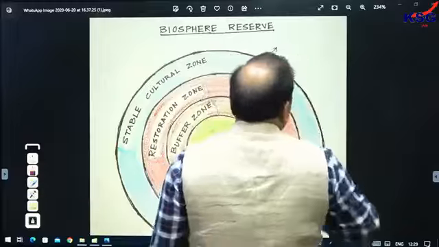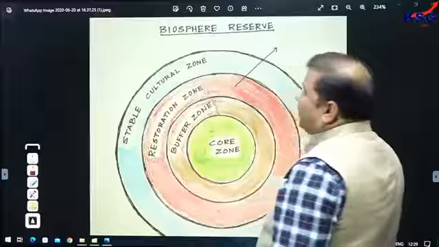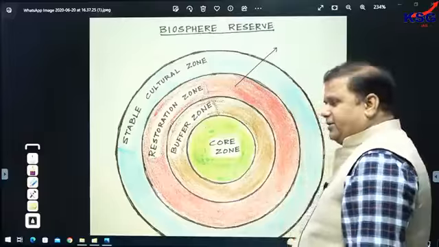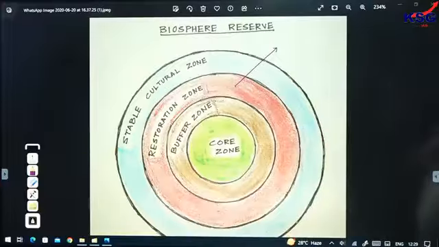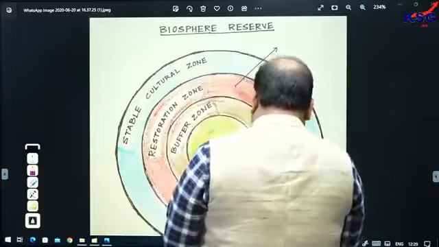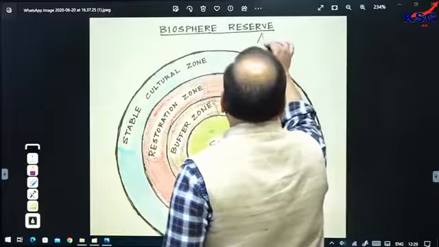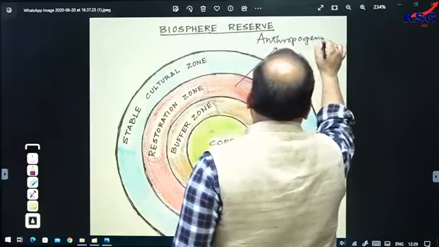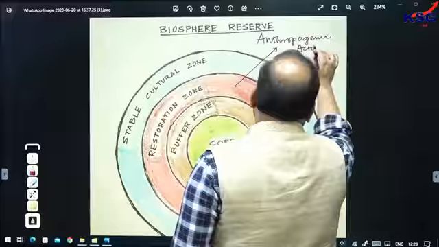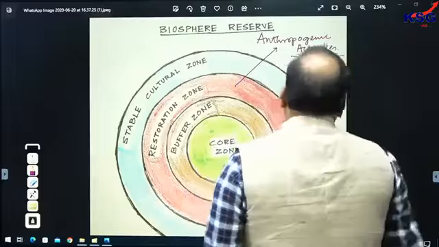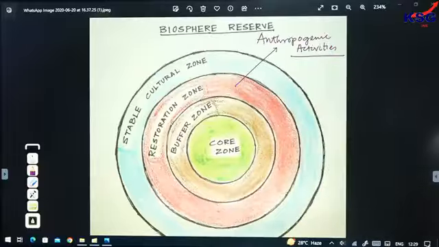In this area, environmental degradation has occurred due to anthropogenic activities, that is, because of human activities.